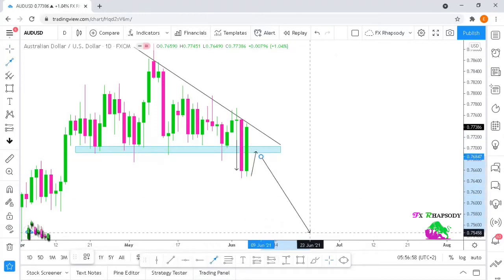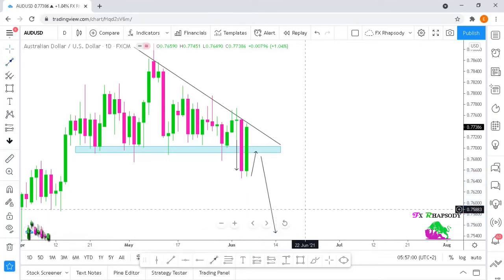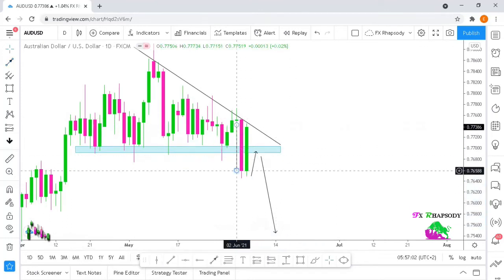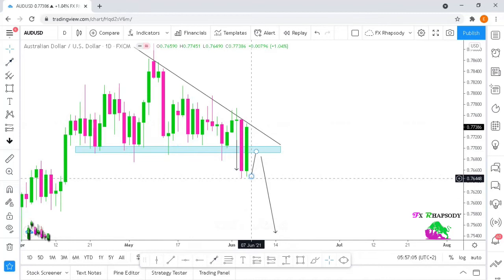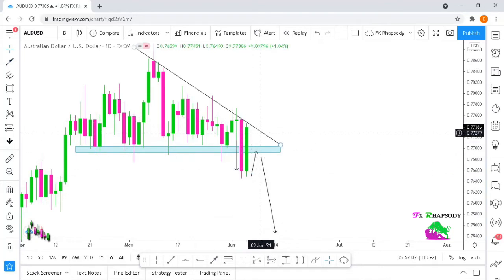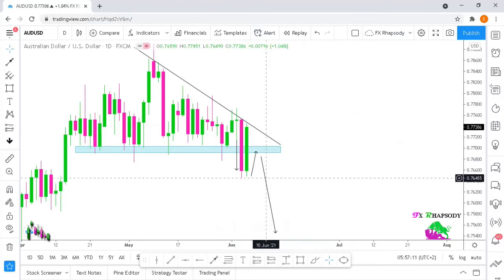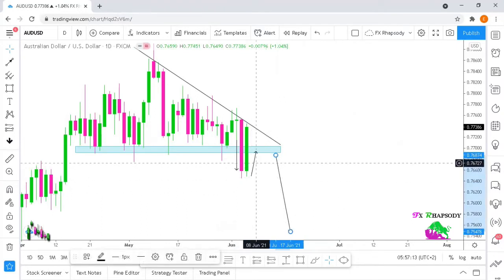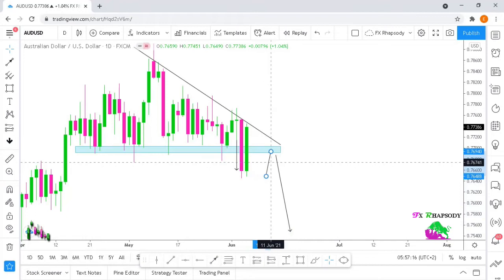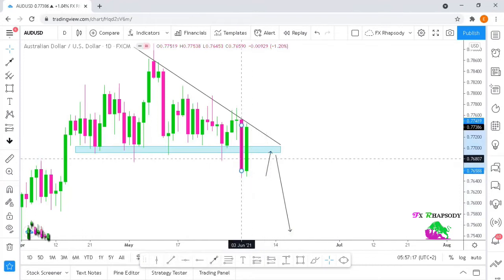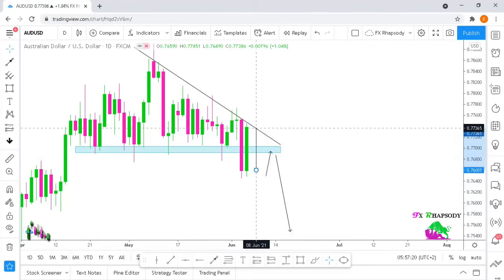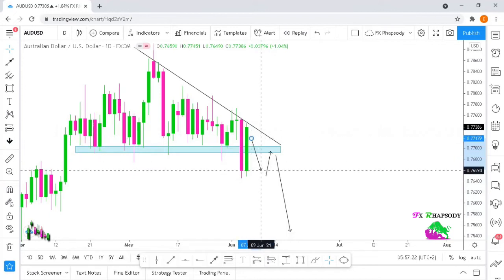But as soon as there was a big movement to the downside, the buyers climbed in again and pushed the price up. Could be news related or whatever the situation. But again, now what we do is we still wait. We wait for exactly that same scenario. In this triangle, it's heading towards the end of this descending triangle.